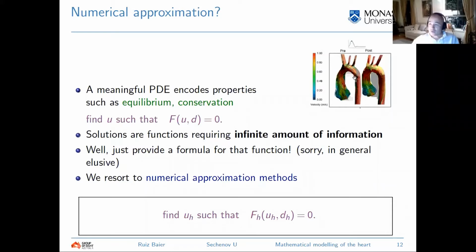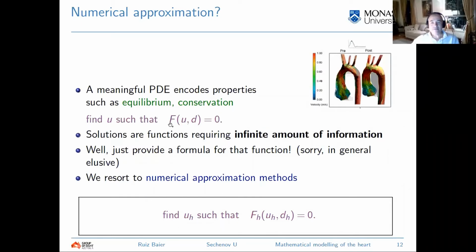But this could be written as solutions of a partial differential equation, a system of partial differential equations. These differential equations will tell you properties of the physical phenomenon. And those are physical principles of equilibrium, so mass conservation, continuity of linear momentum, angular momentum, things like that. And you can write those in general as finding the solutions of this equation here.